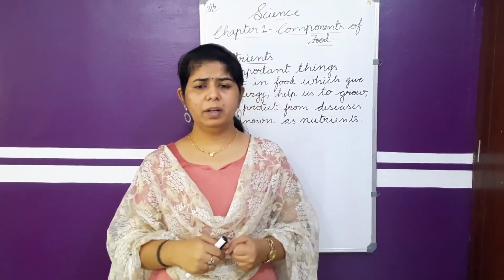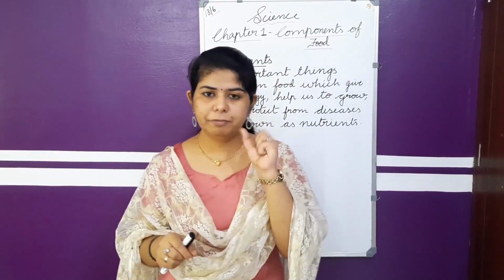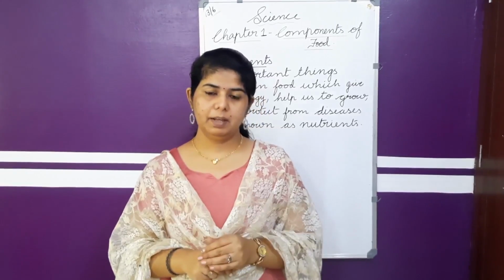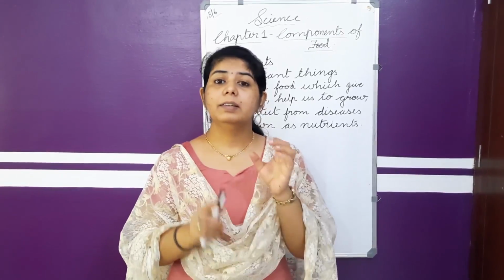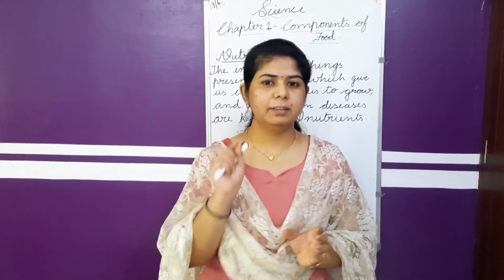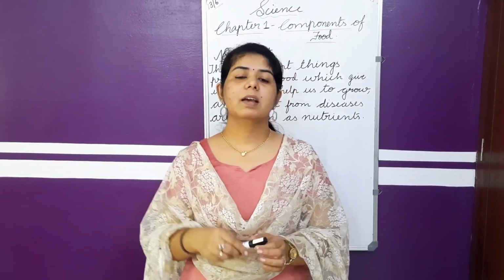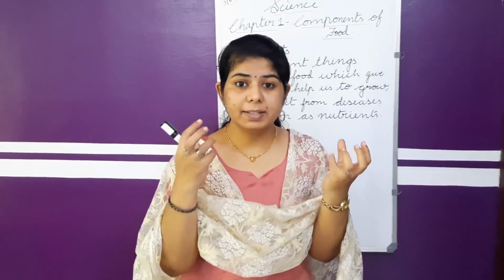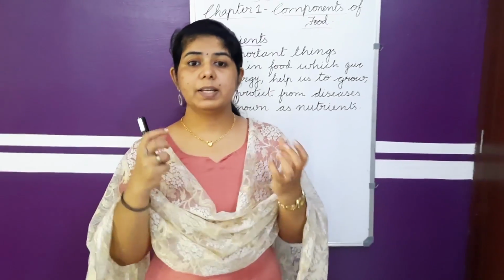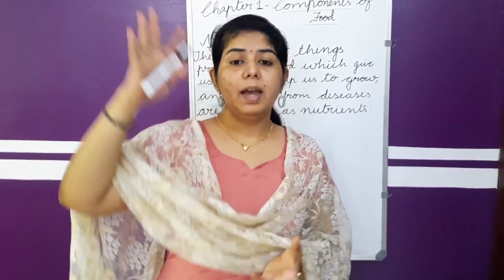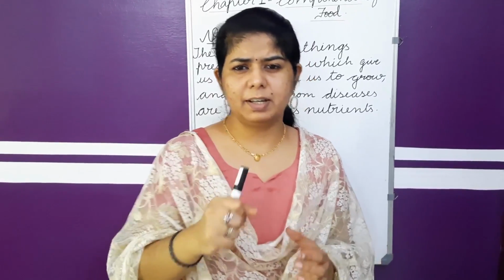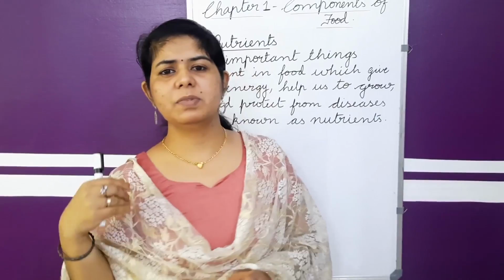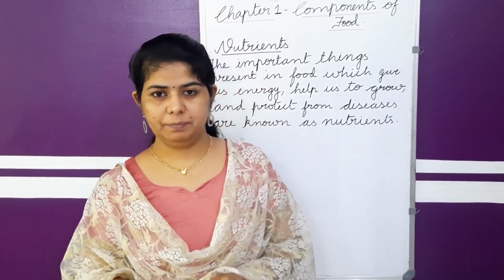And why are we telling like that? Because in the food you are having, there are some important elements which help us to get energy, which help us to grow, and which help us to protect from diseases, to defend against germs entering our body.